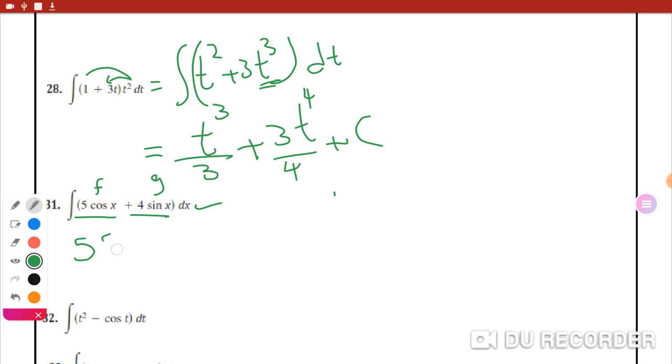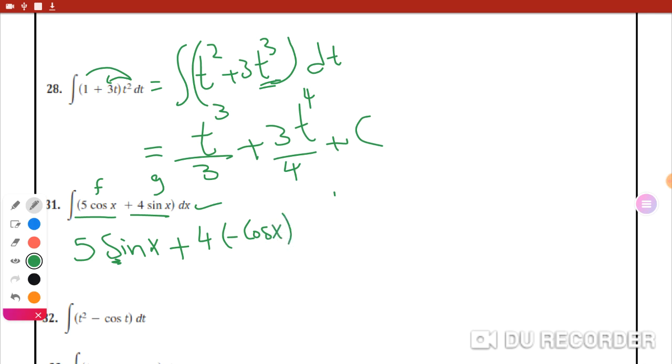Here, sine x. Since the antiderivative of this one has no co, I will not write minus. If the antiderivative result has co, I will write negative. Otherwise, I will not write negative, okay? Plus here, 4 multiplied by the integration of sine. Cosine, that's right, but it has the part co, so I will write negative cosine x.